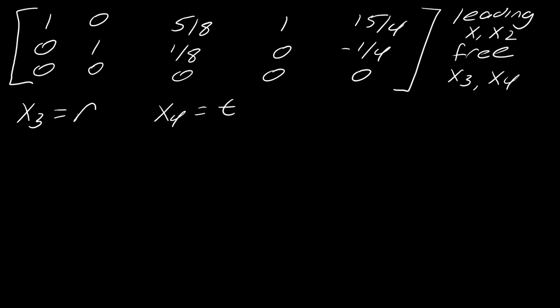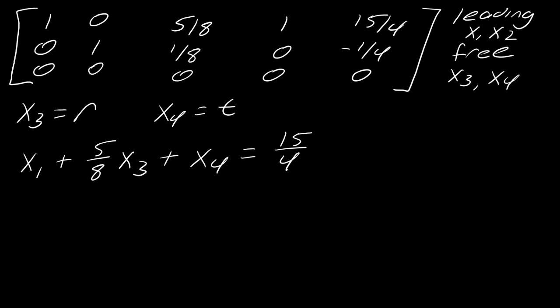Okay, same idea. Now I'm going to rewrite each line as its own equation. So this will be x1 plus 5/8 x3 plus x4 equals 15 over 4.